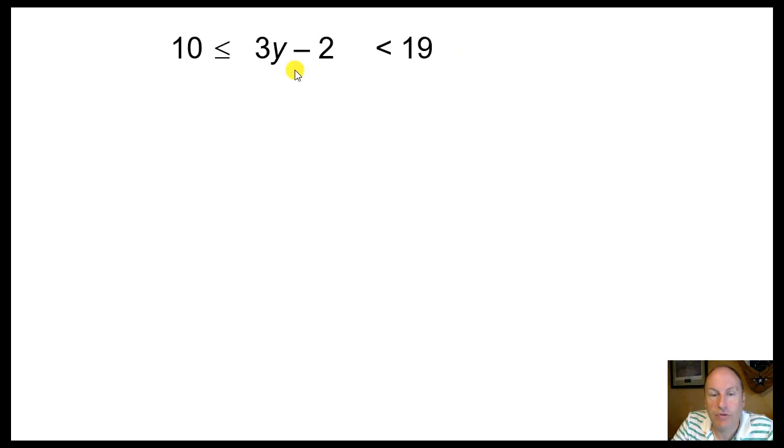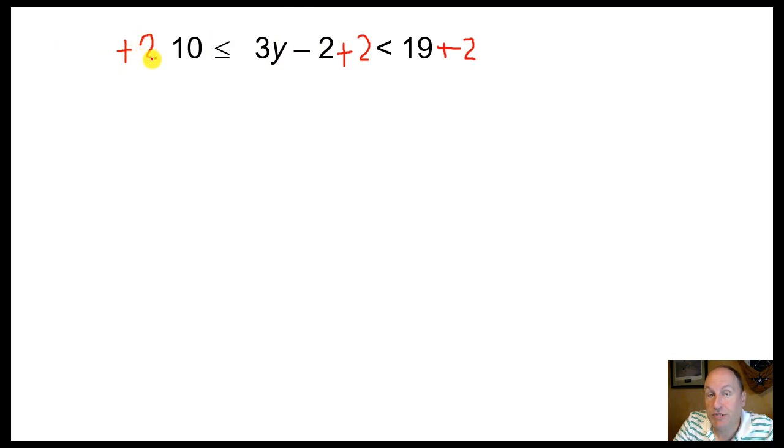So if we have 3y minus 2 being greater than or equal to 10 and at the same time less than 19, our first step is going to be to use the addition property of inequality and add 2 to all parts. Our goal is to get this variable isolated in the middle.